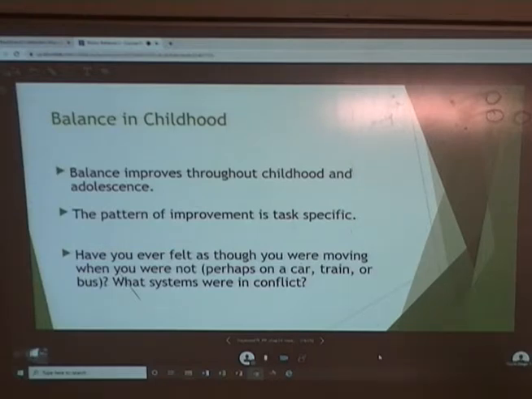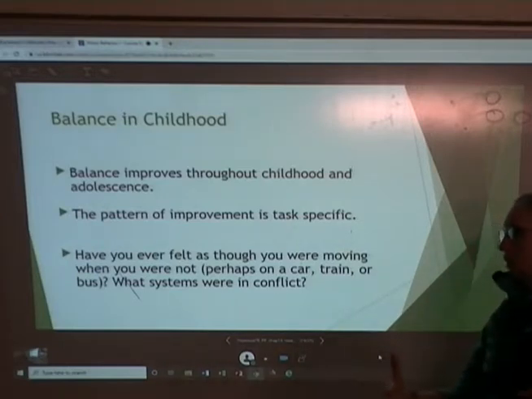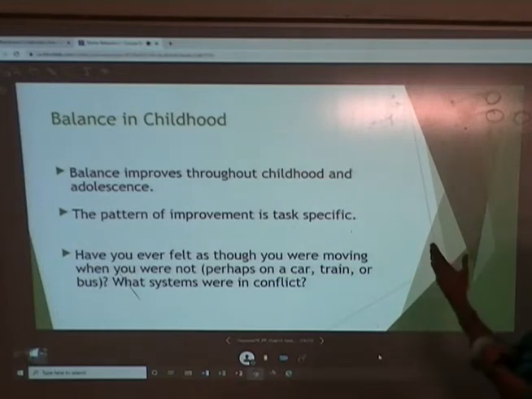And we see that balance continues to improve across time, and that pattern again is very task specific, right? So, for example, when I used to coach gymnastics full time, I would do the preschool classes during the day, and then I would do the elite kids in the evening.